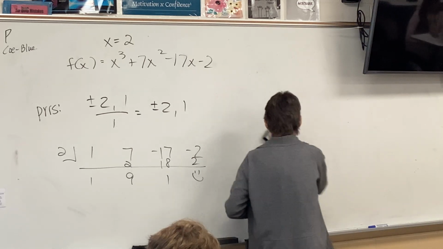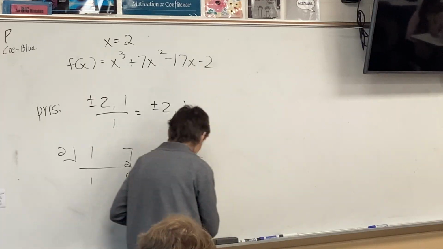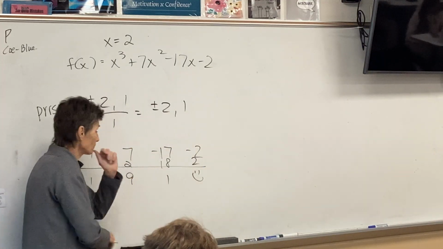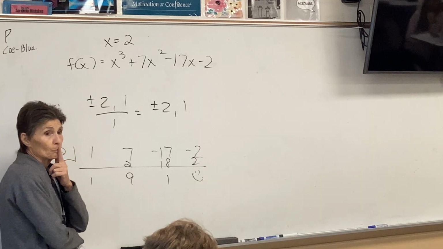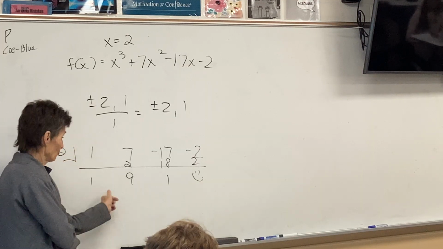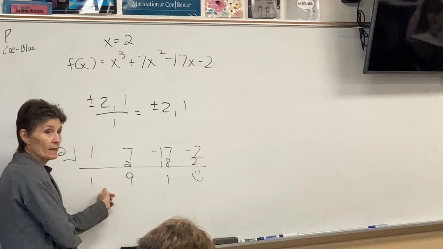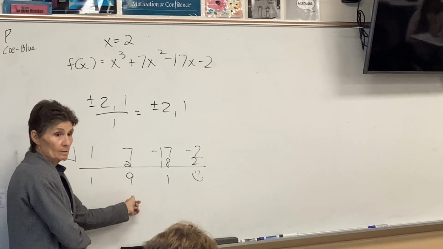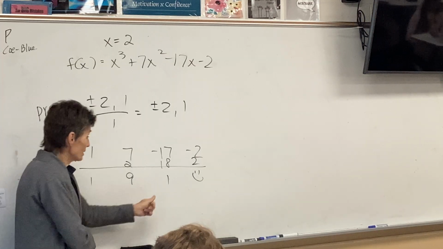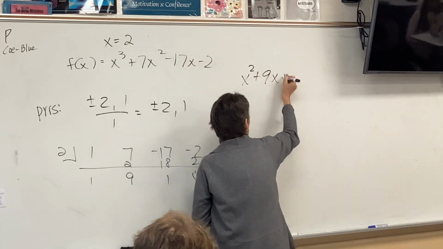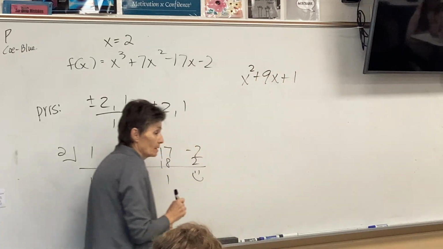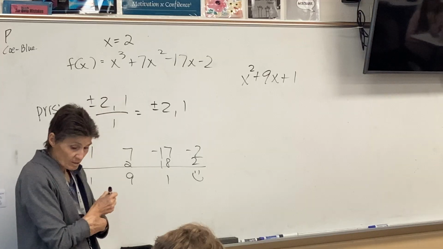Once we have guessed one and it worked, which it did, what do we do now? X squared plus 9x plus 1. And we run into this quite a bit.